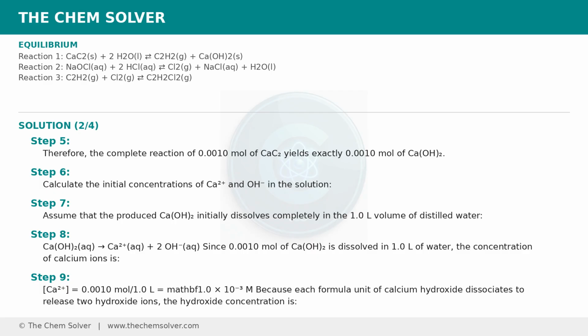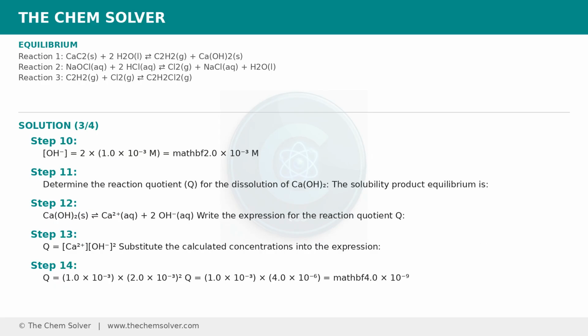Because each formula unit of calcium hydroxide dissociates to release 2 hydroxide ions, the hydroxide concentration, OH-, equals 2 times 1.0 times 10 to the power minus 3 molar, which equals 2.0 times 10 to the power minus 3 molar.